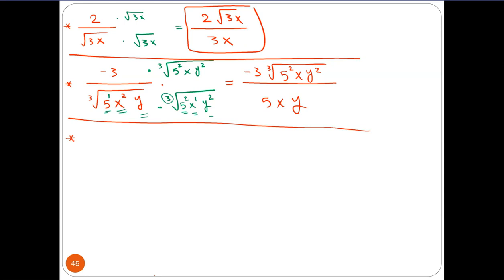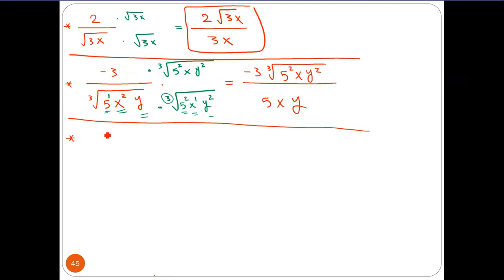Here, in the case of square roots and cube roots, we need to be careful with cube roots. If we have a cube root, the sum of the exponent of x must equal 3, the sum of the exponent of y equal 3, the sum of the numbers equal 3, and so on. Sometimes we have two radicals.